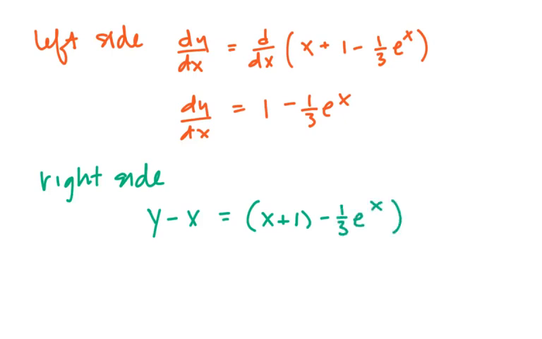So all of that right here represents y, and then we still need to take away our x. And simplifying that, we'll get y minus x equals the same thing because those two x's cancel out. I've got 1 minus 1/3 e to the x.